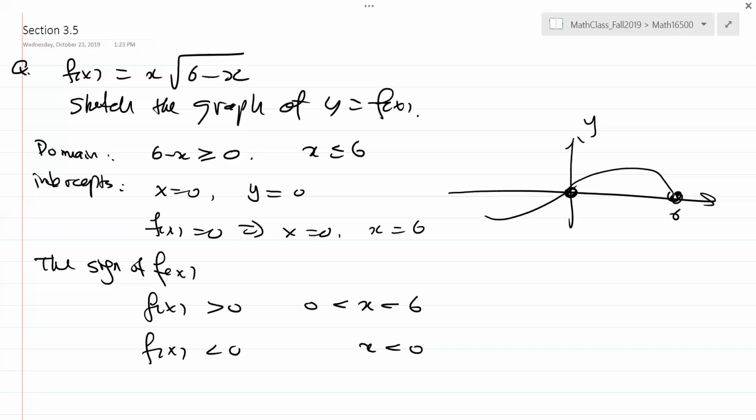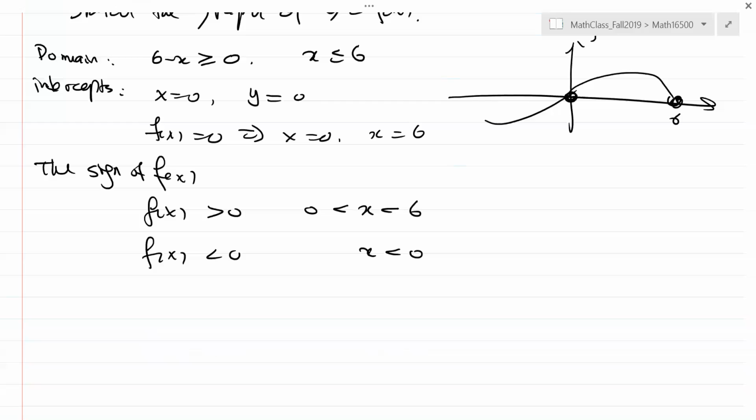Maybe the function is concave up somewhere, but at least there are some areas concave down. Between 0 and 6 it is concave down, and even beyond that, maybe everywhere is concave down. So I need to find the derivative to get the exact location of the absolute maximum value, or local maximum value, either way. So now it's time to sketch this graph.